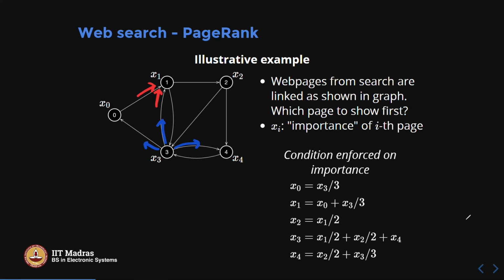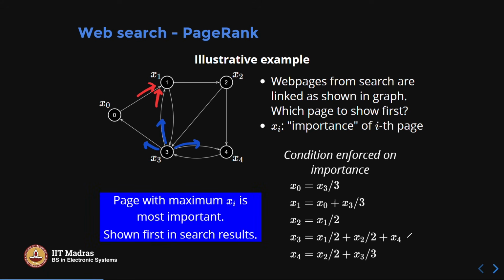Likewise, you have x2 equals x1 by 2. You see that x1 is pointing to two other pages. So x1 by 2 is being contributed to x2, and x2 has no other contribution from anywhere else. Likewise, you can write 5 equations involving these 5 variables. So there you go, a system of linear equations which is a proposed solution to the ranking of pages in web search.